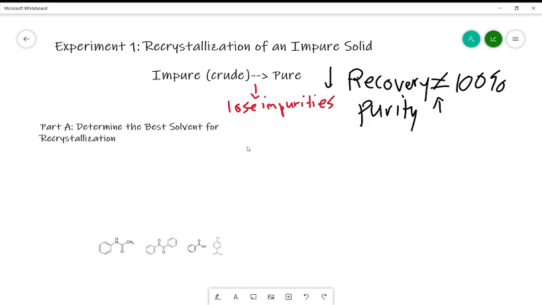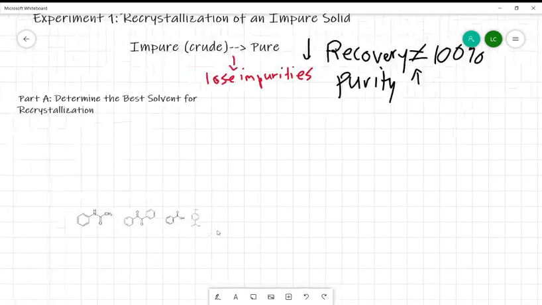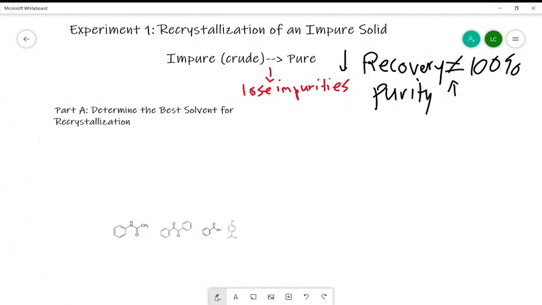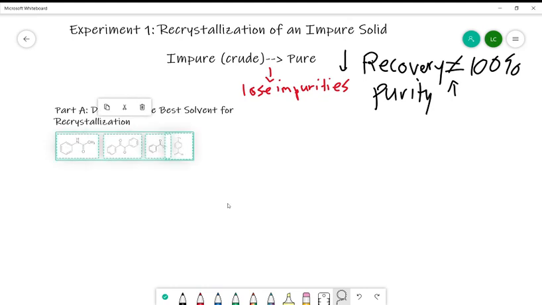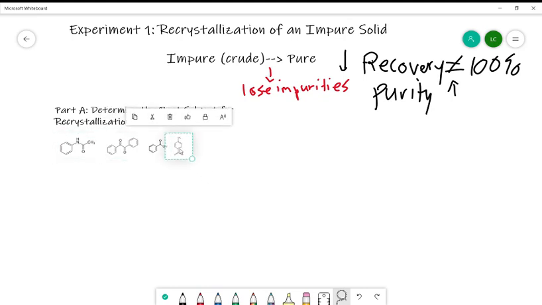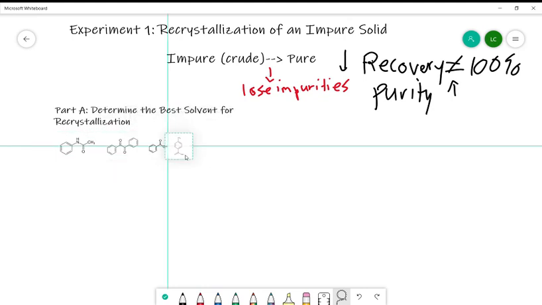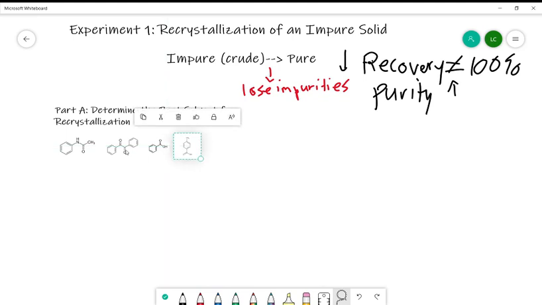You have to look at the compounds in question, which I have right here. Essentially you had 4 compounds. You had acetanilide, benzil, benzoic acid, and I will make this a little bigger, you also had p-toluic acid.